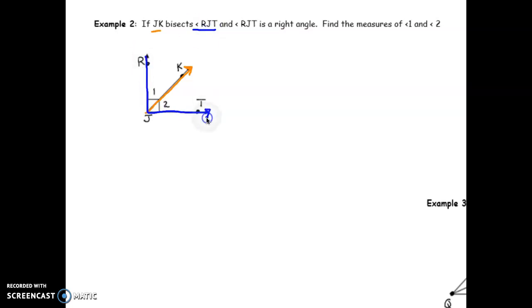So again, that orange is cutting directly down the middle of my larger angle here. And then it tells me RJT is a right angle. So it tells us it's a right angle, and then you also should notice that box on your angle, that also means a right angle.